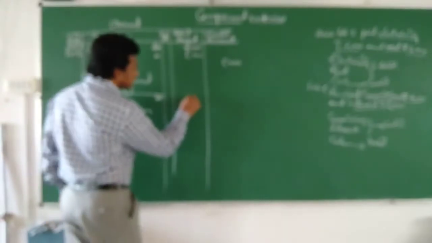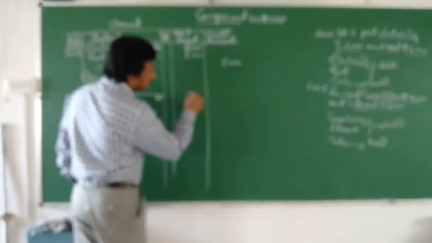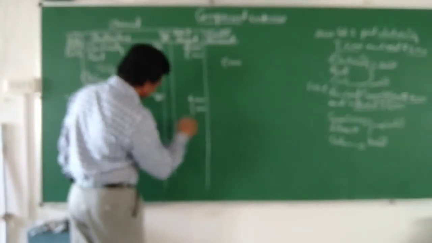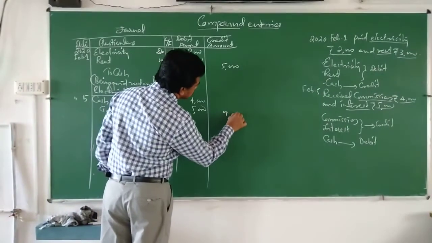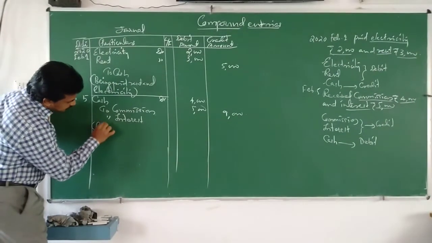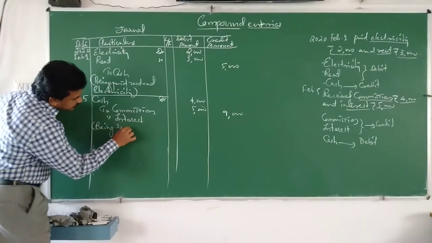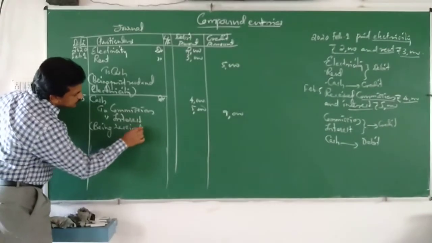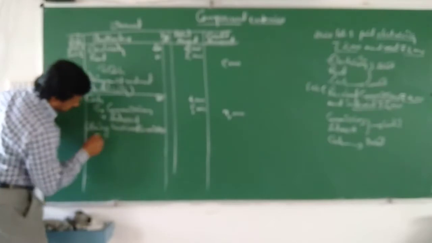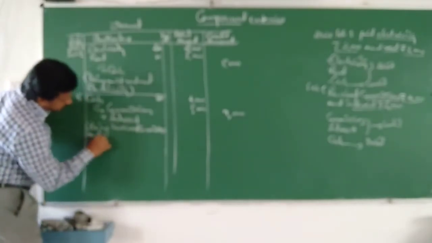Commission 4000, interest 5000, total 9000. Narration: received commission and interest.